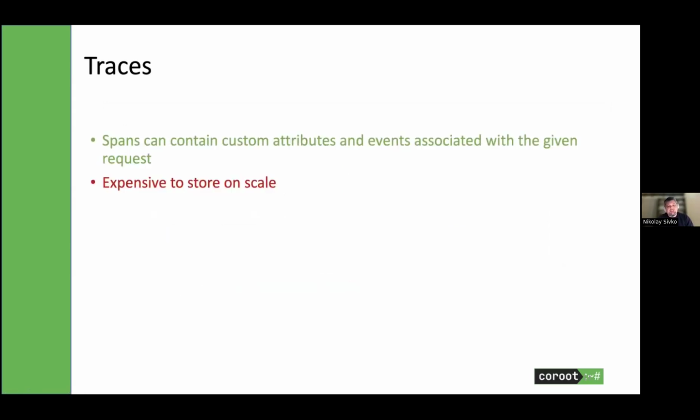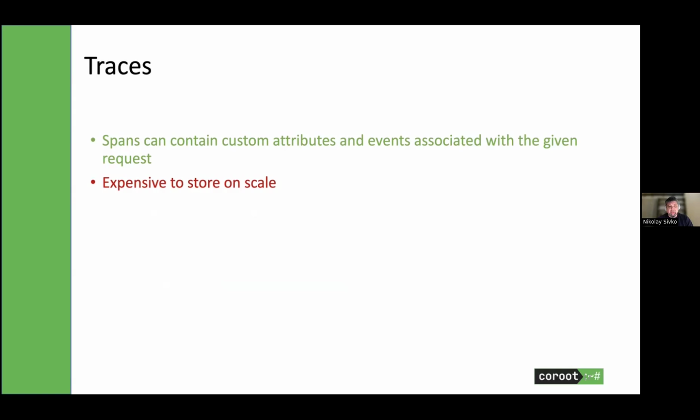But tracing is also super expensive at scale, because each individual request can generate like 100x spans, and we should store them. We should be able to query them, and it can be really expensive, and that's why many observability tools and vendors suggest storing only a fraction of your requests.